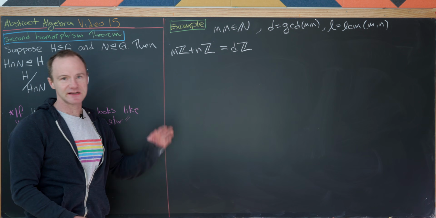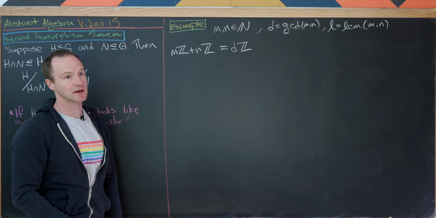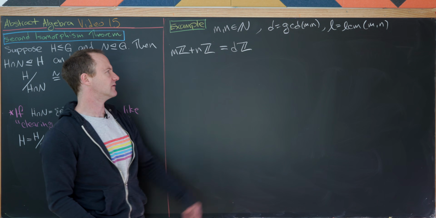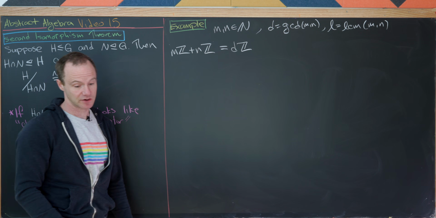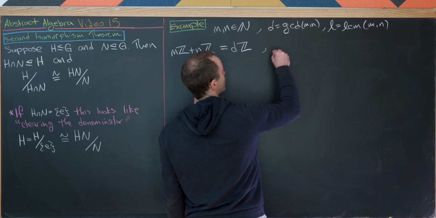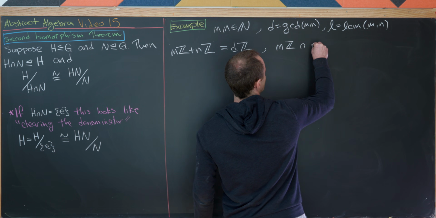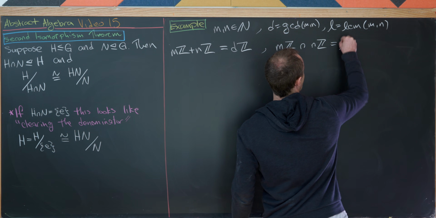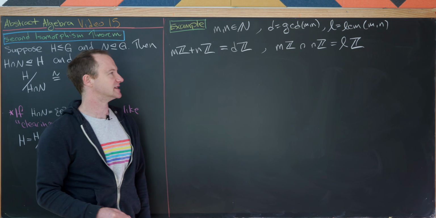That's pretty easy to check because all integer linear combinations of m and n are multiples of the GCD of m and n, or in other words, d using our notation. Furthermore, if you take the intersection of mZ with nZ, you get LZ. And that's also pretty easy to check.